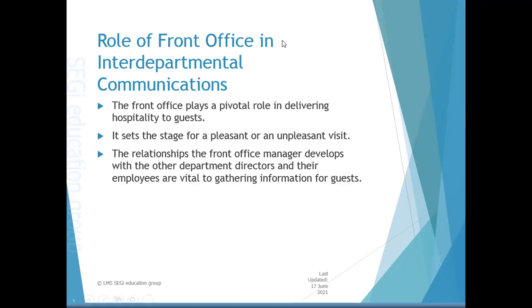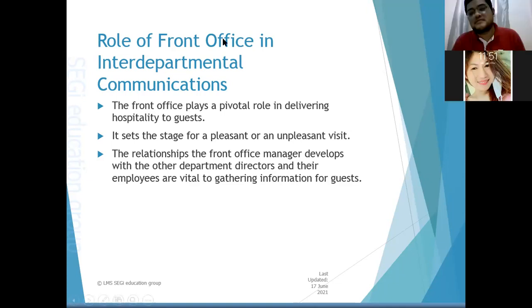Even if they need help from housekeeping, for example, they need extra bed or extra pillow or whatever loan items that they require, they will call the operator in front office.